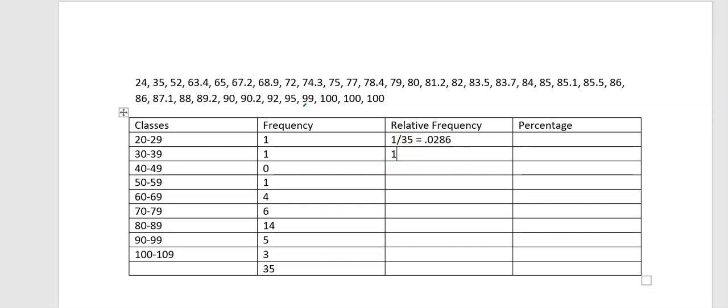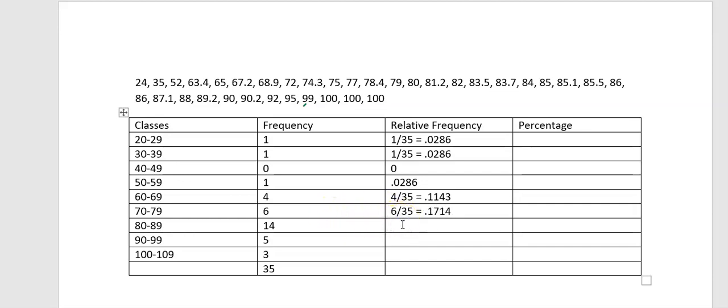Our next one would be exactly the same relative frequency, 0.0286. This one will, of course, be 0. This one will be 0.0286 again, since it's 1 out of 35. Now let's do 4 out of 35. That gives us 0.1143. And then 6 out of 35, which will be 0.1714.